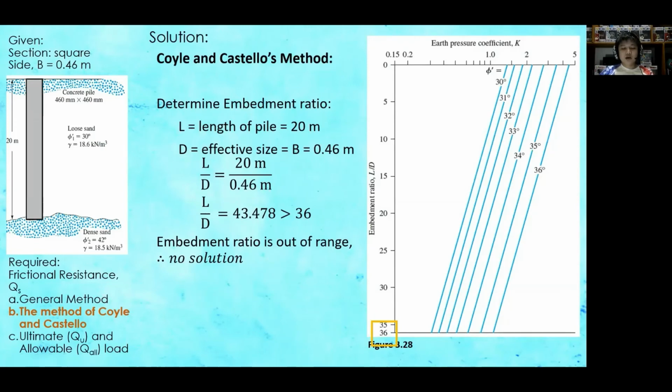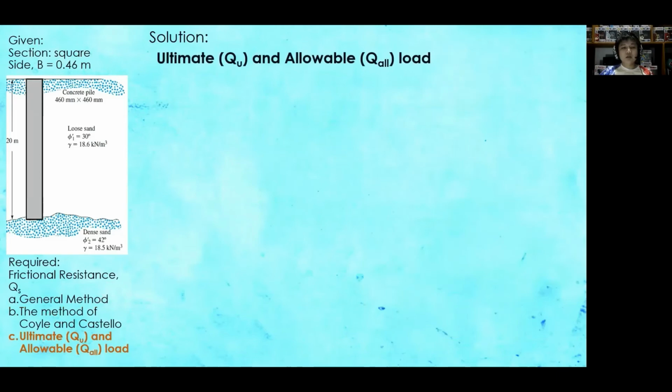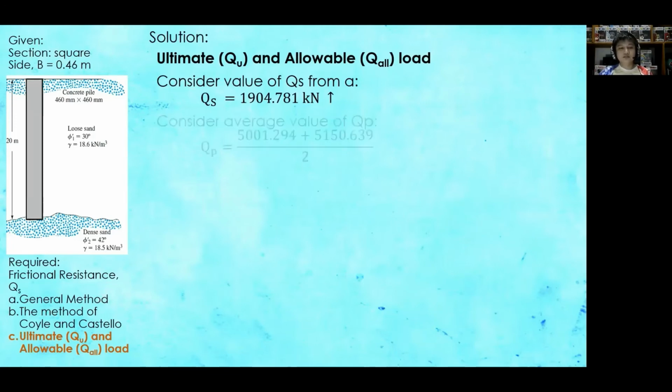Thus, for our last requirement, which is the ultimate Q sub U and allowable Q all load, we will only consider the value of QS from the general method, which is 1,904.781 kilonewtons.